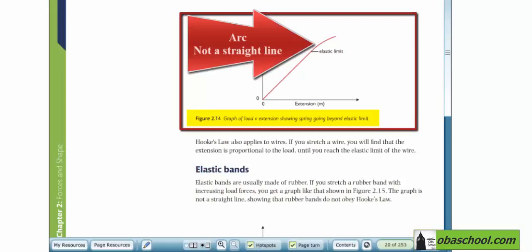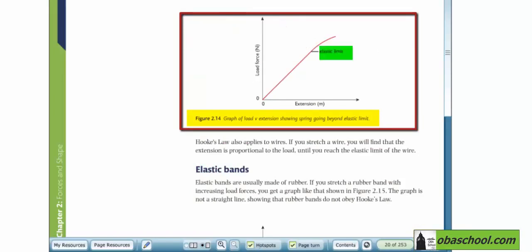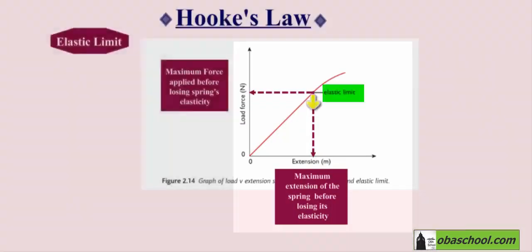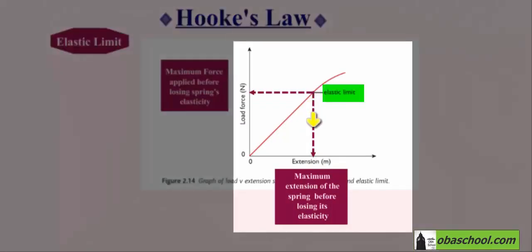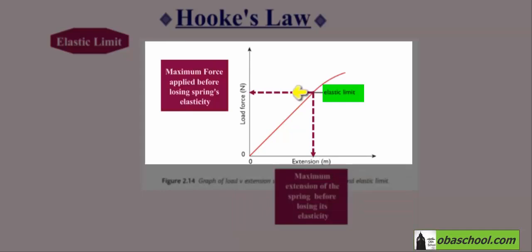We can see in this graph how the elastic limit is represented. We have this point here, and from this point on, the spring is no longer elastic. So here we can say that this is the maximum extension of the spring before losing its elasticity, and the maximum force applied before losing the spring's elasticity.